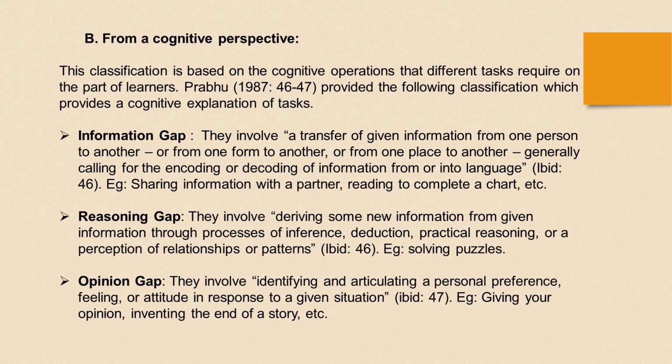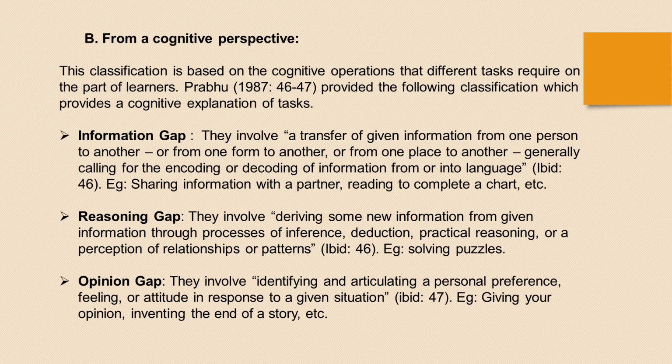Secondly, reasoning gap tasks involve deriving some new information from given information through processes of inference, deduction, practical reasoning, or perception of relationships or patterns. The clearest example of tasks belonging to reasoning gap are solving puzzles.